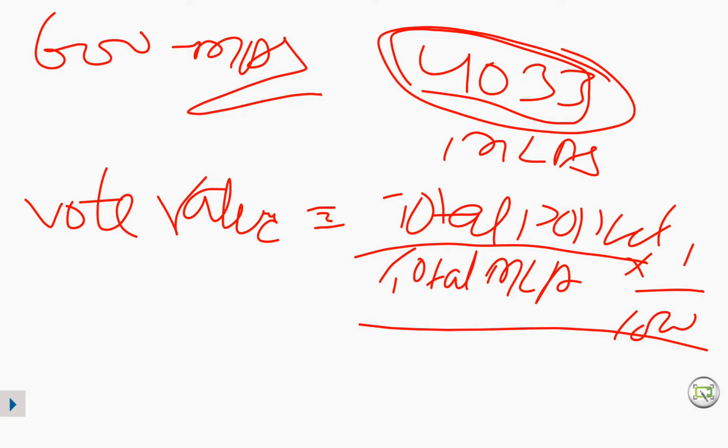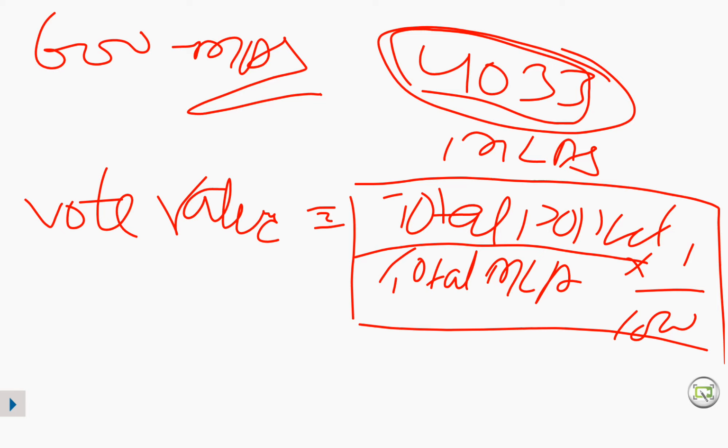So this is the formula for the vote value of one MLA: the total population of the particular state divided by the total MLAs of that particular state, into 1 by 1000.